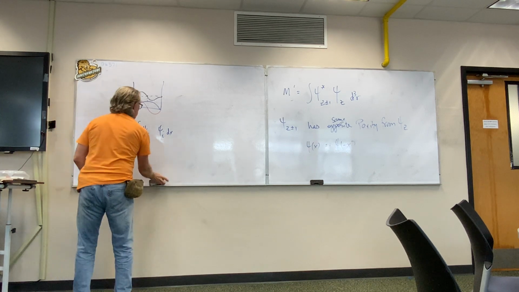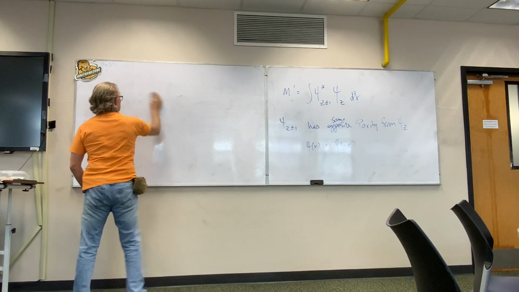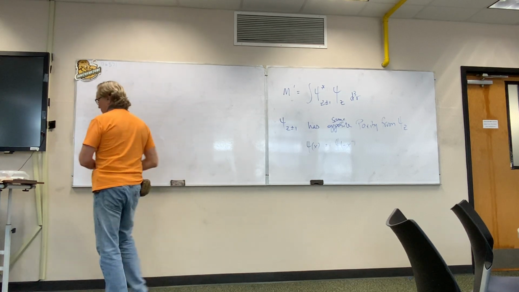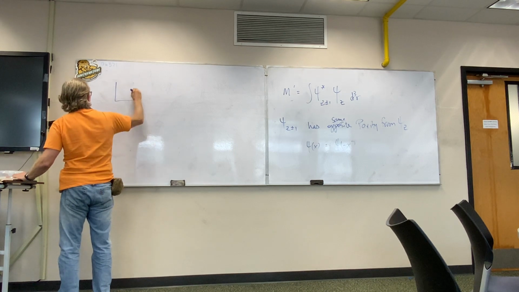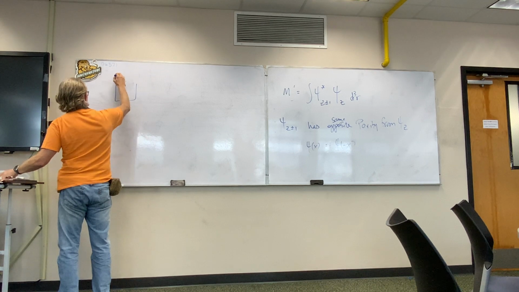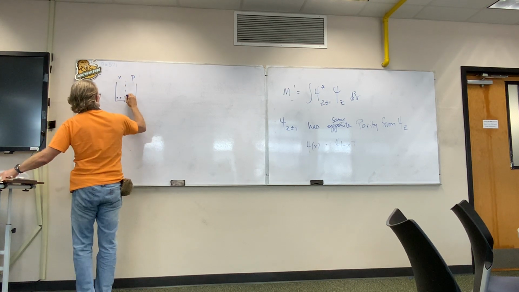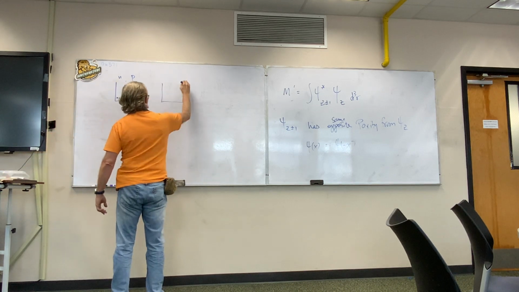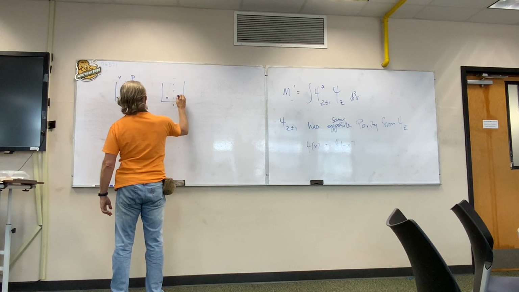So, as an example of this, one of the beta decays would be my nuclear state of 2 neutrons and a proton going to a final state of 1 neutron and 2 protons.